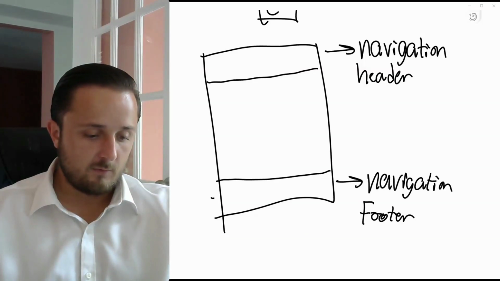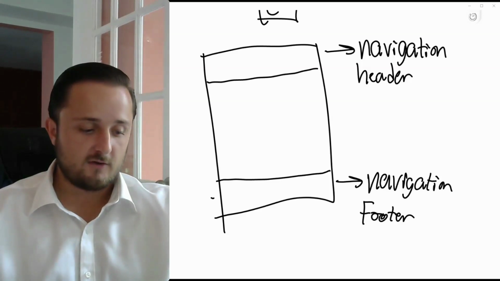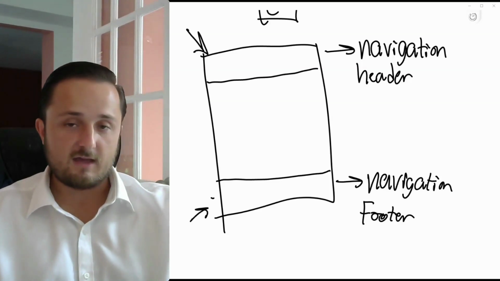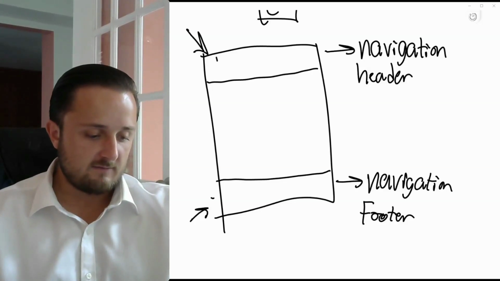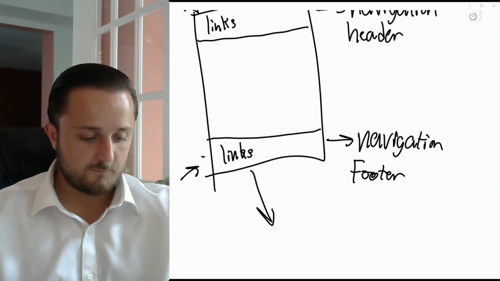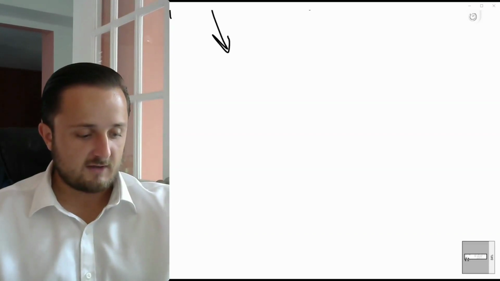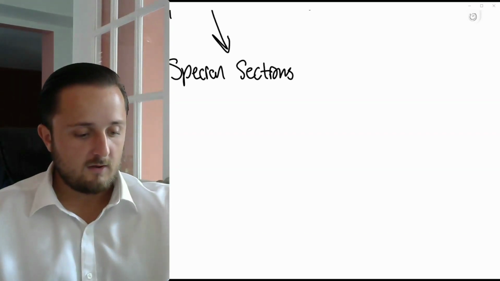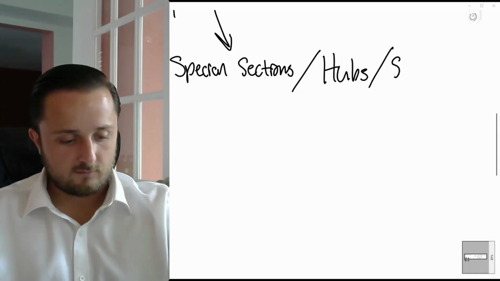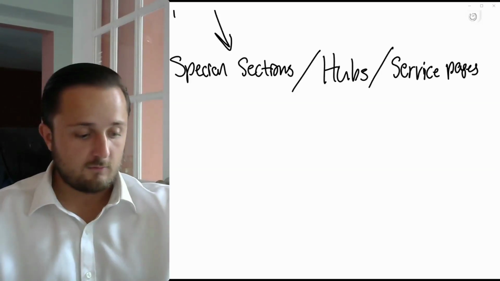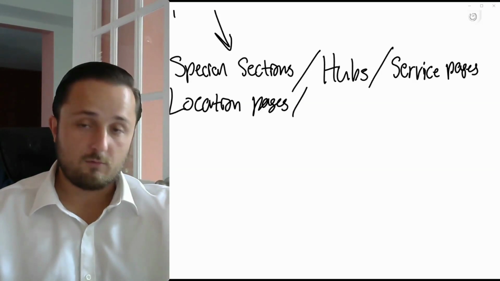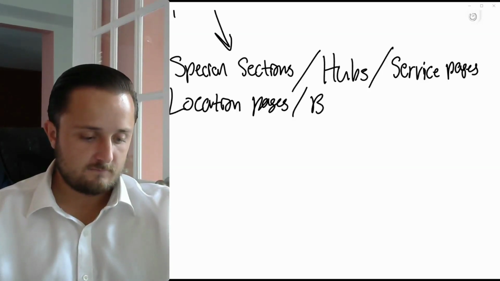And so what we want to do in these sections of our page, the header and the footer, is we want to have links. And these links are going to go to special sections, otherwise just called hubs or service pages. Or you can also think of it as just location pages, or just a blog page, right?